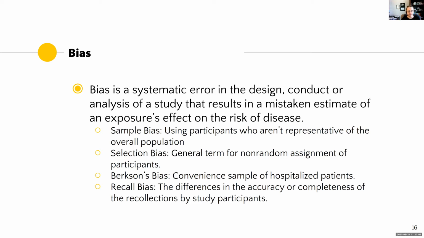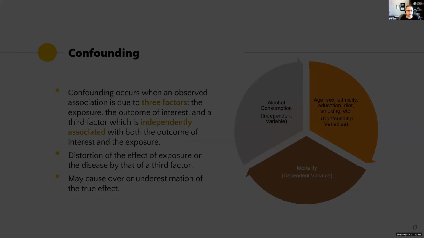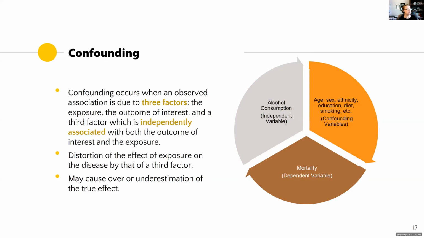And now we get into the trickier stuff. Confounding usually falls under bias, but it's not really a bias. It's a special thing, and it occurs when the observed association is due to three factors that are independently associated together.